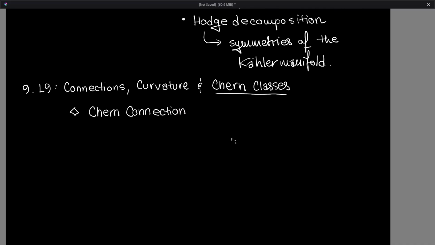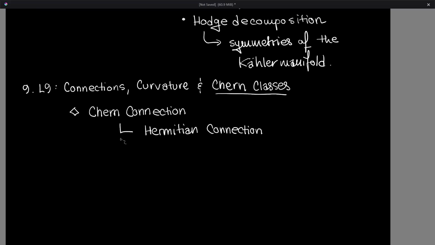In order to define the Chern connection, we would need it to be a Hermitian connection, for which we would need a Hermitian metric, which kind of gets us to why we did lecture 10 a little bit.